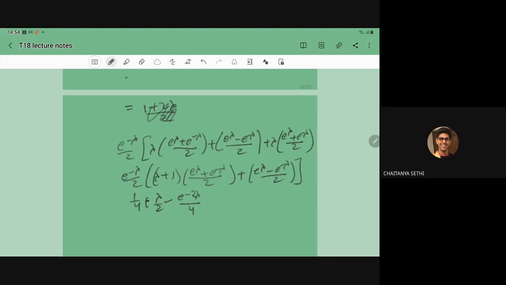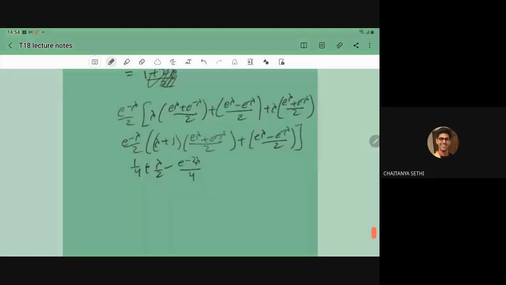In this same fashion, if you have to compute the E of X square, E of X square means summation over all m of m square times probability of m.